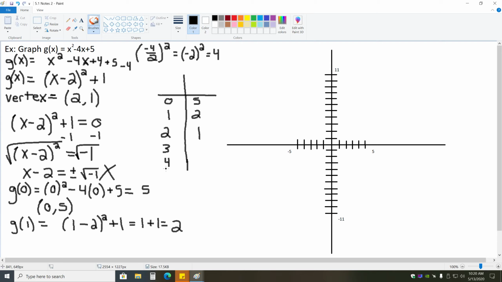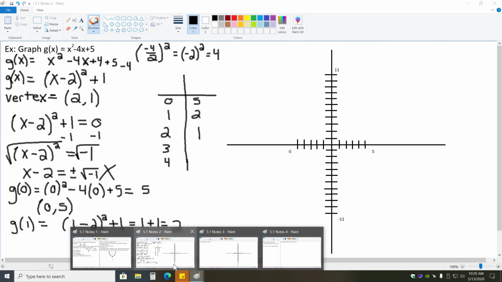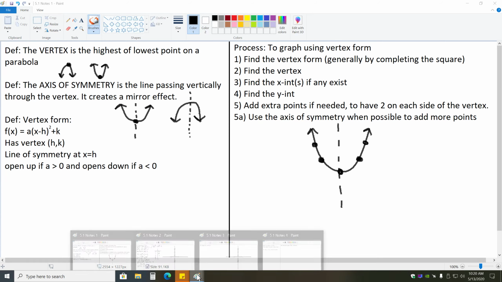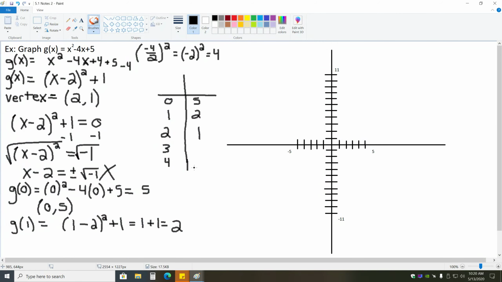And now we need to plug in 3 and 4. But we don't really have to plug these in. Remember, I'm going to go back to this page really quick. This note said to use the axis of symmetry whenever possible to add more points. And looking at this, 1 is the same distance away on the x-axis from 2 as 3 is away from 2.